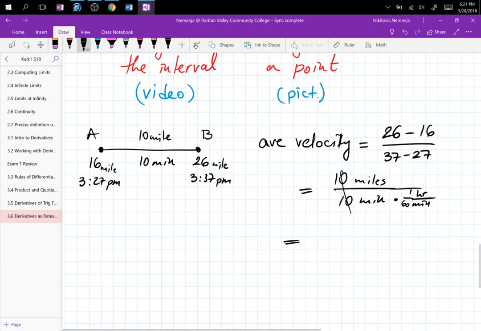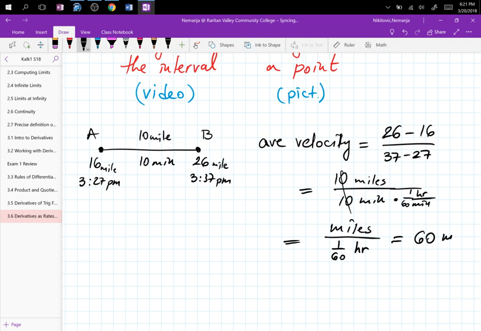So what do you have left? You have miles per 1/60 hours, and then 60 goes on top, 60 miles per hour. So if you drive 10 miles in 10 minutes, you are actually going on average 60 miles per hour.